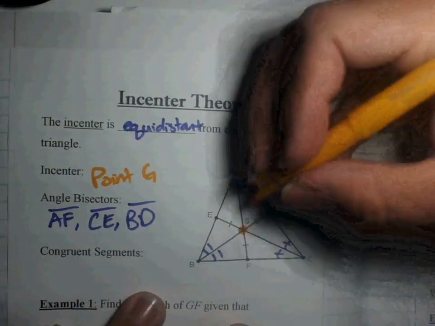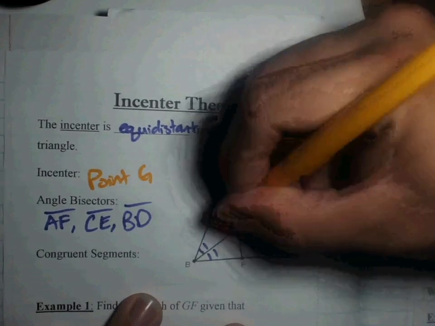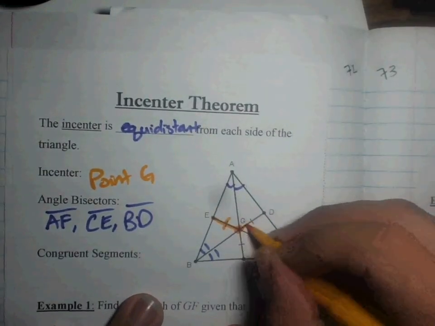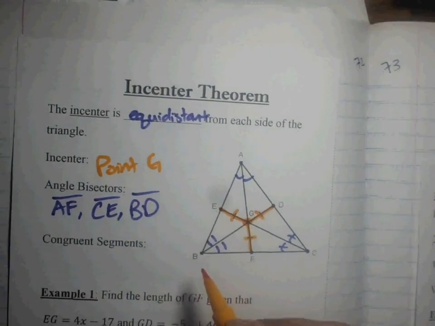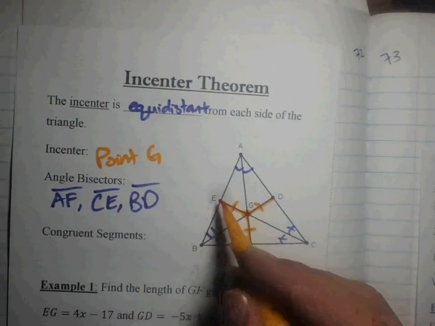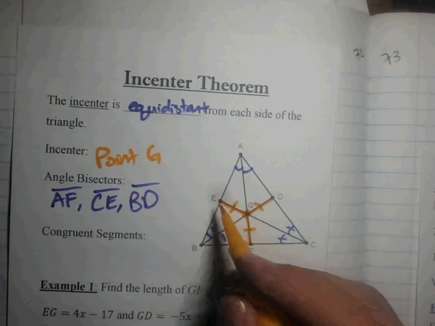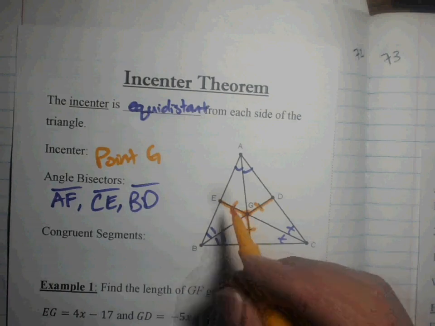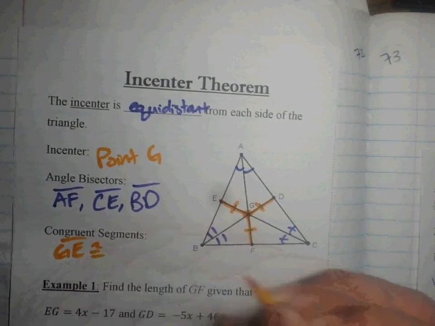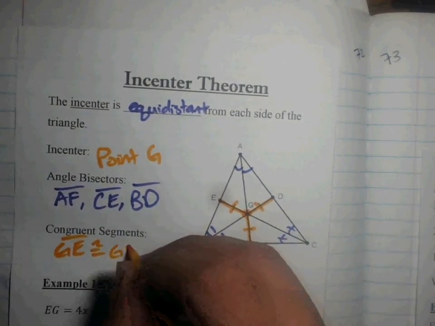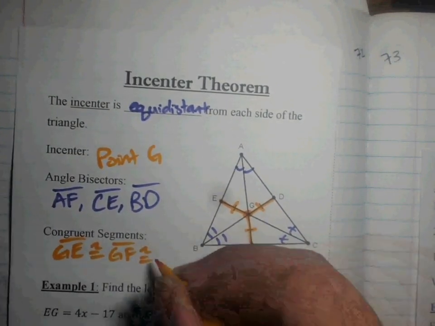This little piece is congruent to this little piece, which is congruent to this little piece. Not this whole thing, just the piece from the incenter on. So GE is congruent to GF, which is congruent to GD.